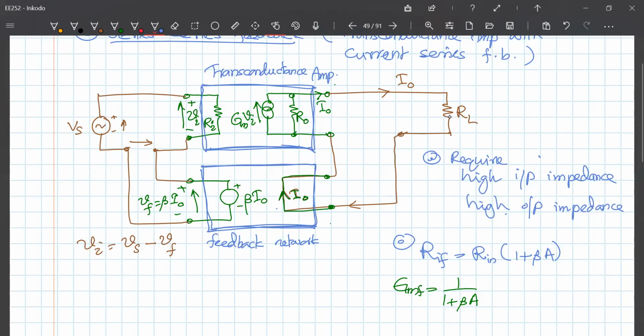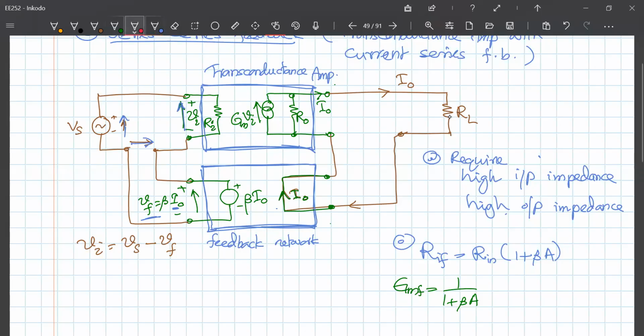So you take that and convert that into a voltage, because my input is a voltage, and then I subtract something related to the output current. So beta times I out, beta has a unit which is resistance, so beta times I out is a voltage. You subtract that voltage from my source voltage, and that is what we are applying into the input of the transconductance amplifier, right?